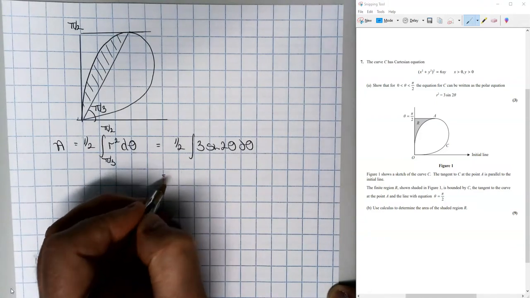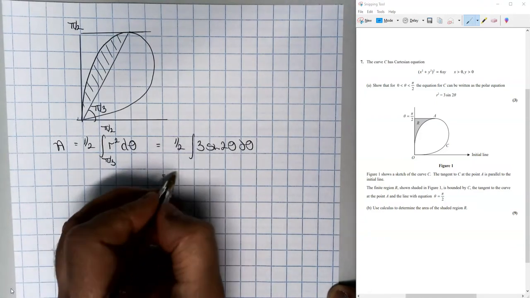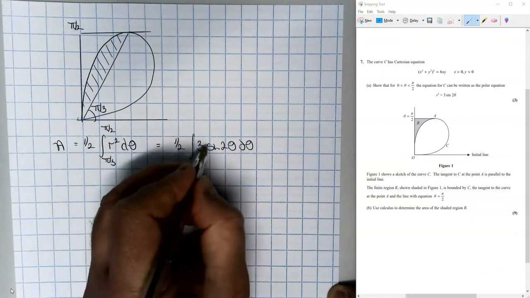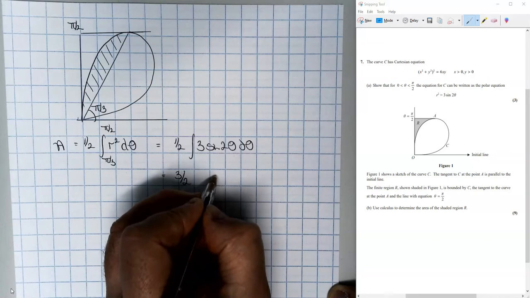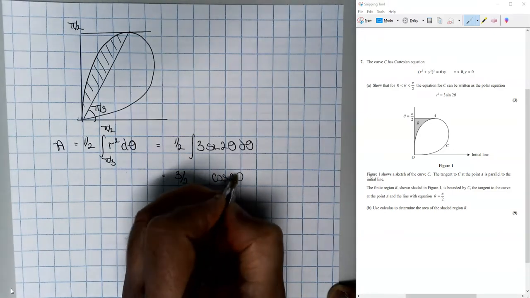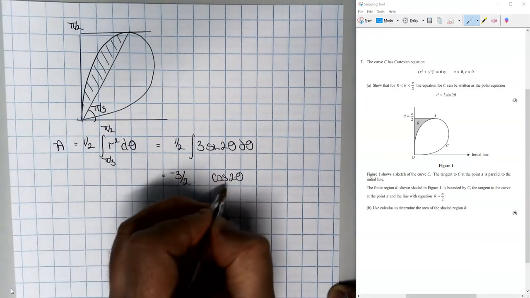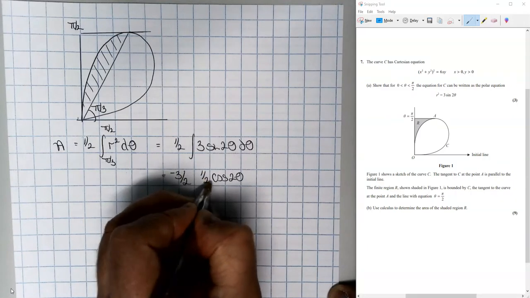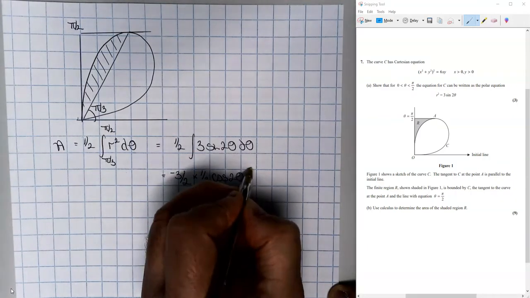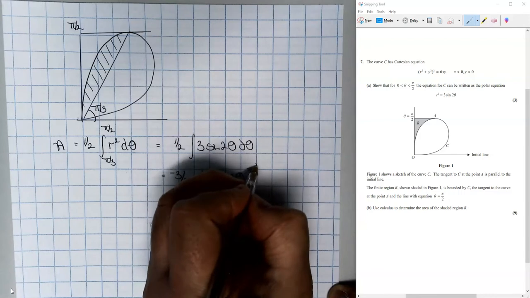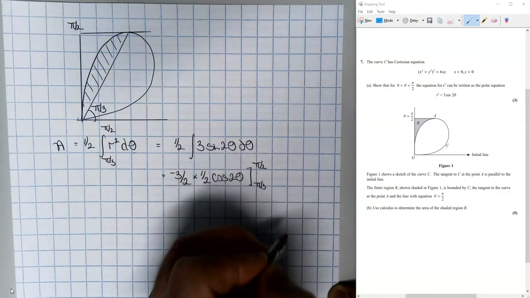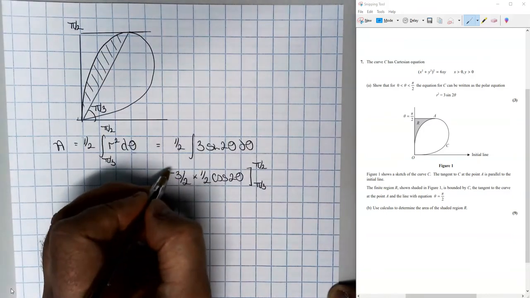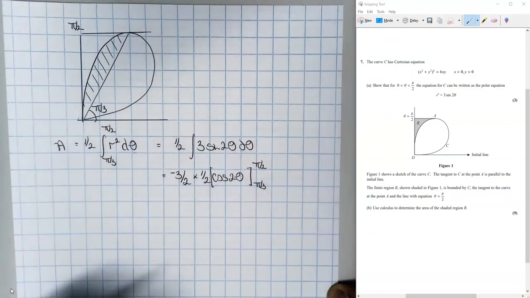Okay, so that equals 3 over 2, which I can take the 3 out. The integral of sine 2 theta is minus cos 2 theta over 2, that's between pi by 2 and pi by 3. Put it there.